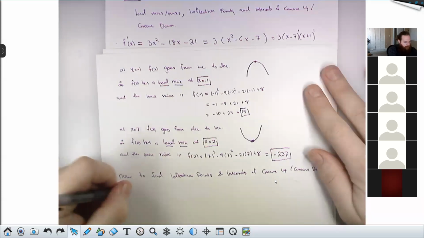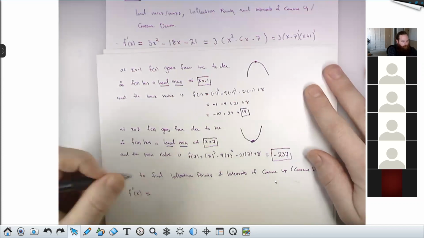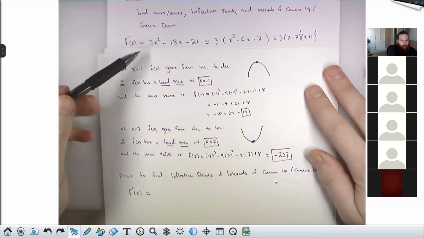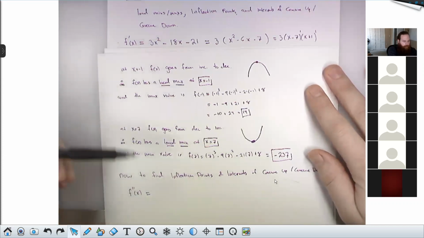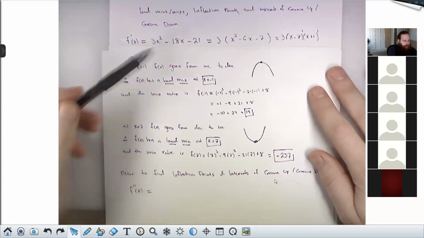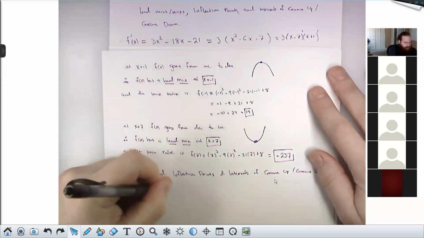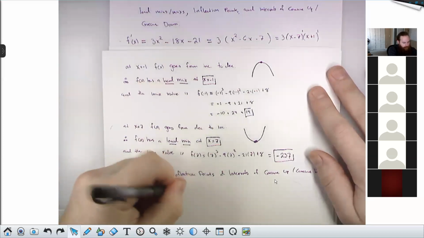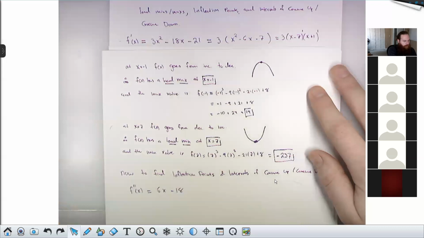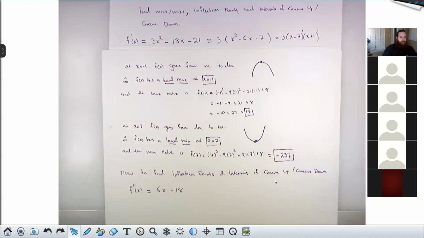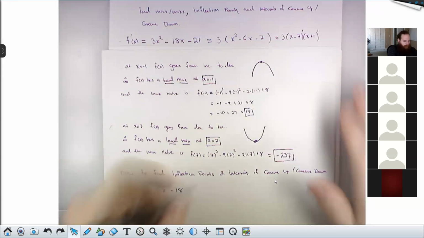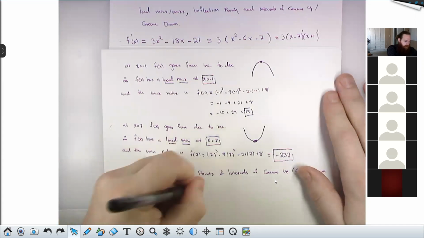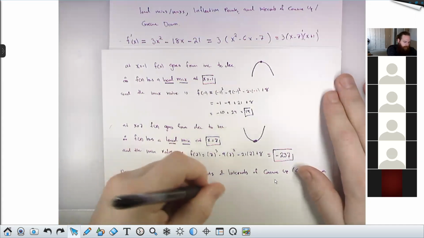I use f double prime. So I'm going to take f prime and differentiate it to get f double prime. The derivative of 3x squared is 6x. The derivative of -18x is -18, and the derivative of -21 is 0. And here I could factor out a 6 if I wanted, and I get 6 times x minus 3.